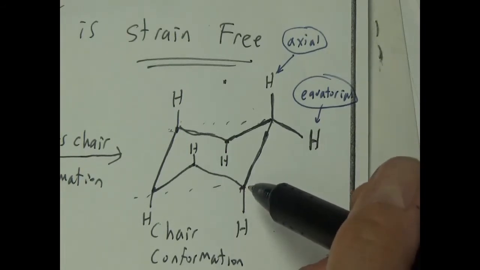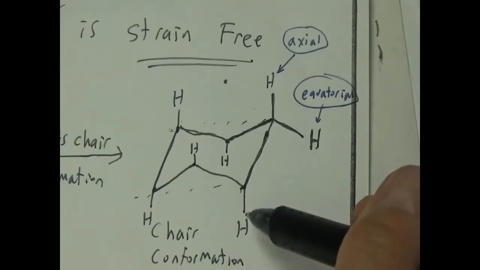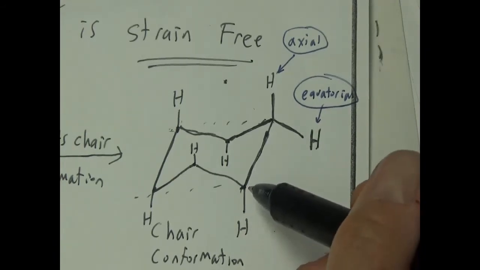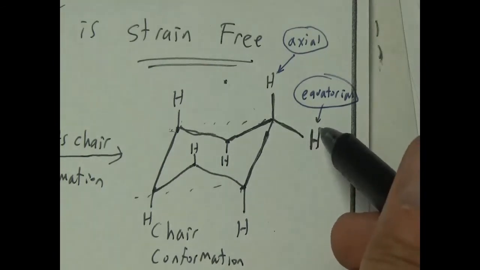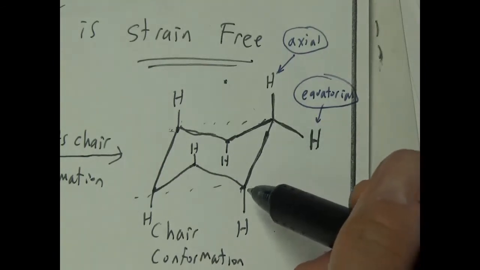What about this one? First of all, if there's an axial going down, where's the equatorial going to be? Is it going down also, or should it be going up? The answer is it's going to go up. Because if you have something axial up, you have equatorial going down. Axial down, equatorial is going to go up, and it's going to be parallel to one bond over.